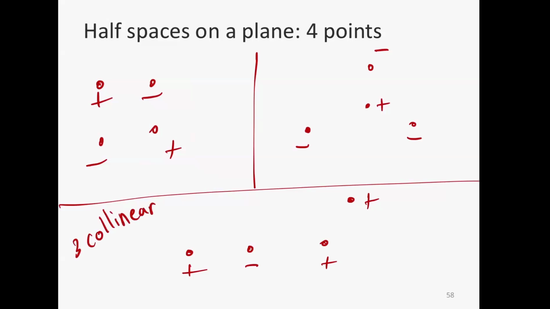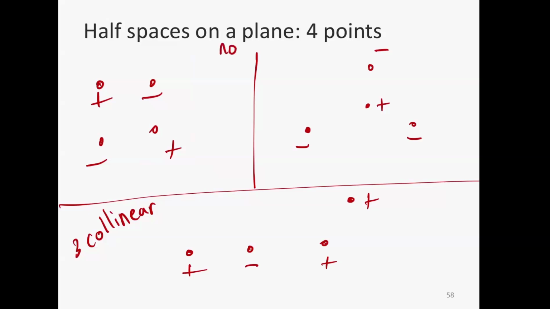If 3 of them are collinear, and the 4th point we don't care yet, you make the middle point a minus and the other 2 points a plus, and it can't be shattered. If no 3 of them are collinear, then some 3 of them form a triangle. There should be a 4th point. Either the 4th point is inside the triangle or outside the triangle. Those are the only options.